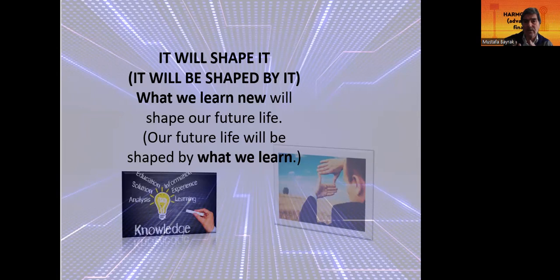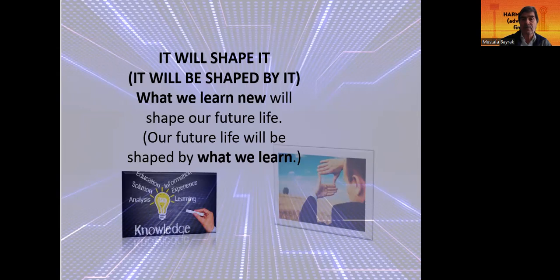Now, what about the one in the parentheses, in brackets? Our future life will be shaped by what we learn or what we have learned. Okay, so what we learn plays an important role in shaping our future life. So knowledge is important.